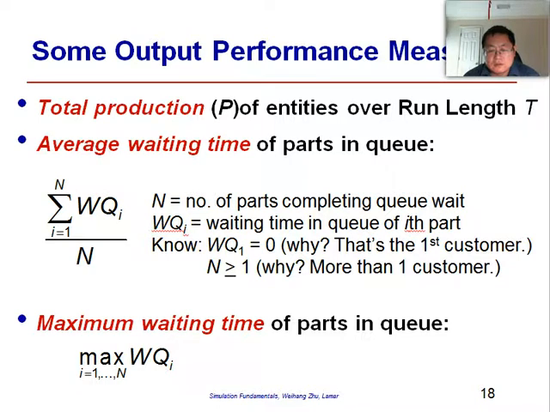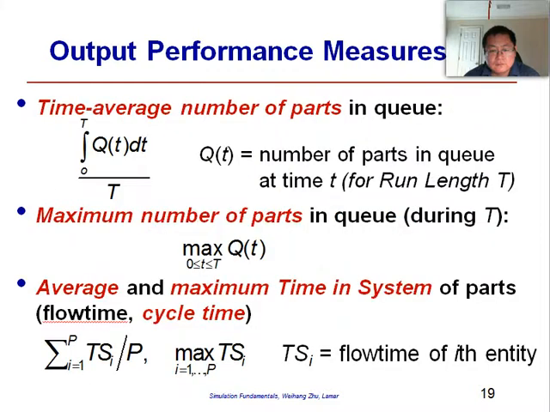Average waiting time and maximum waiting time are observation-based statistics, that is, tally. Time average number of parts is a time-persistent statistic because it is averaged by the run length. It is a dstat.